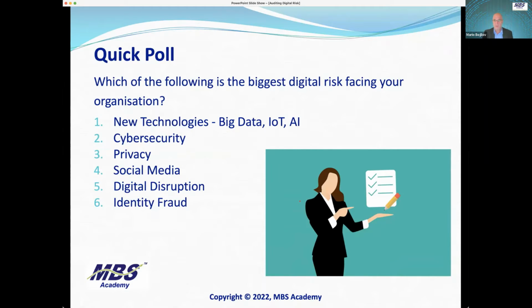I was contacted last year by one of the biggest banks in India, asking me about our auditing digital risk course, because it was the internal audit department, and they realized that that's something they need to pay close attention to, because the environment is changing.